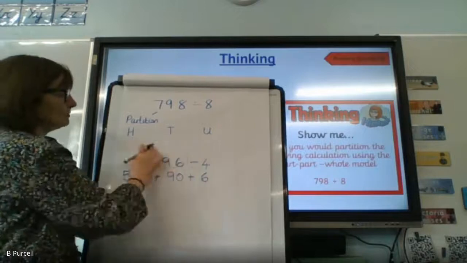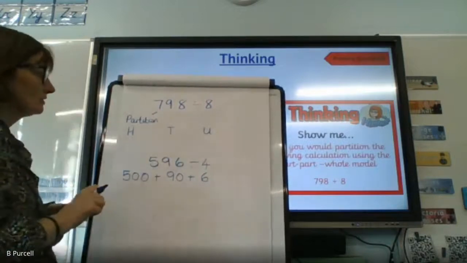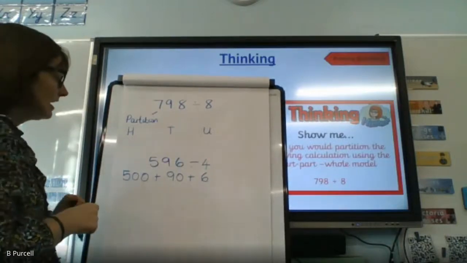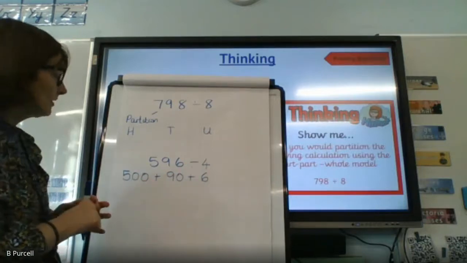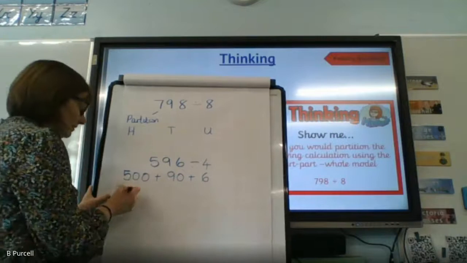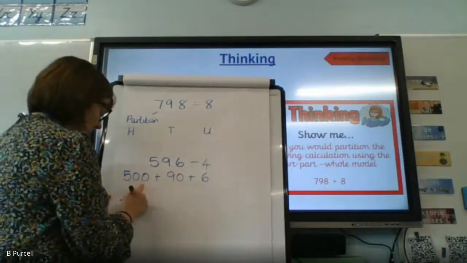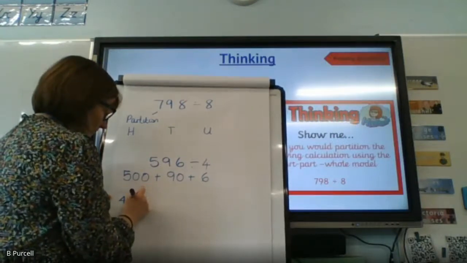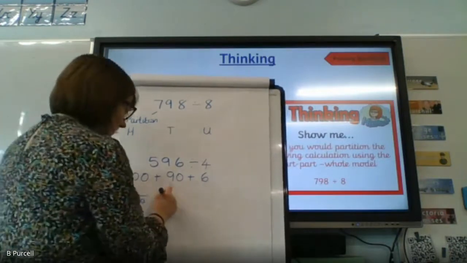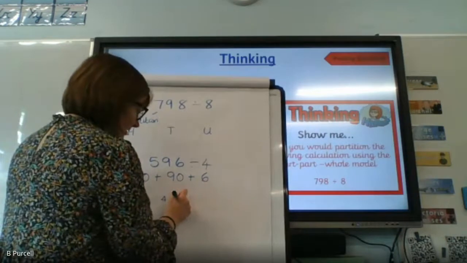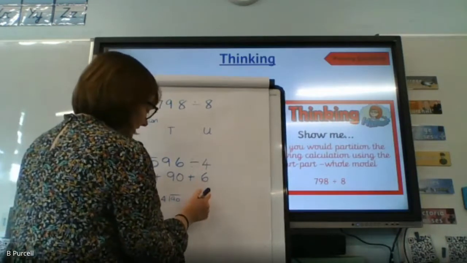So use that information to help you partition 798 correctly. And then you divide by 4. So you would have 500 divided by 4, 90 divided by 4, and 6.